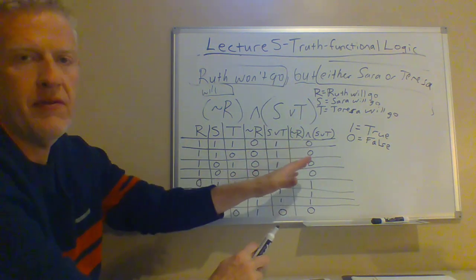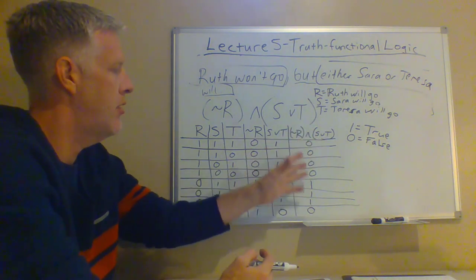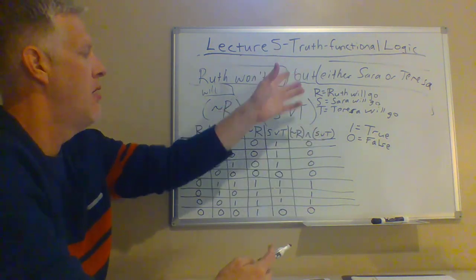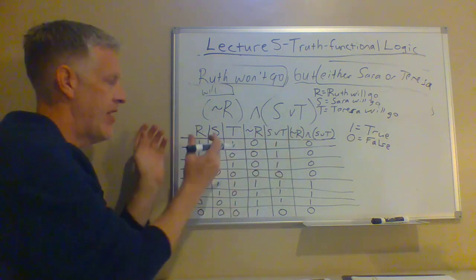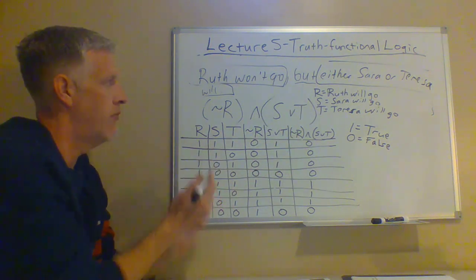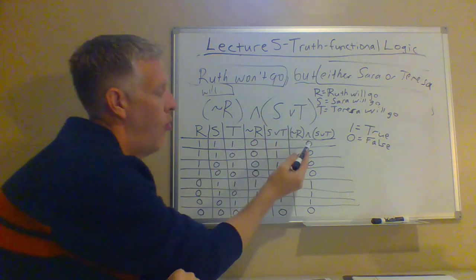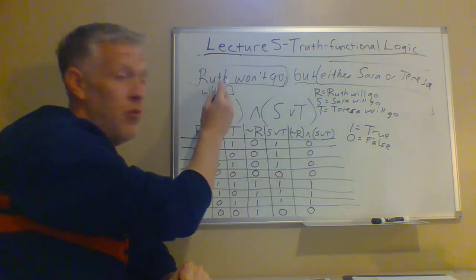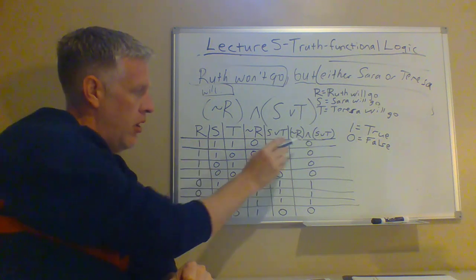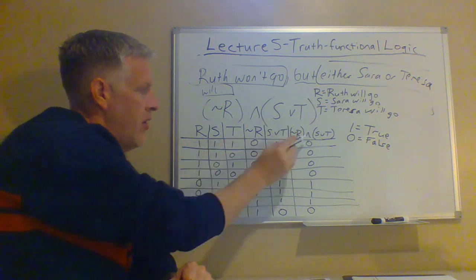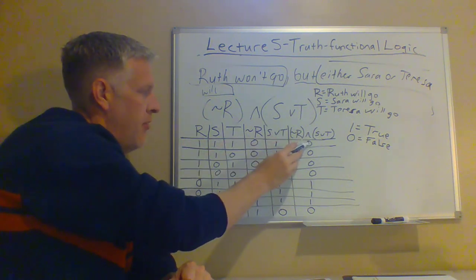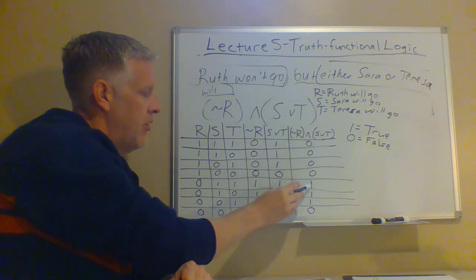So what we've done here is represented the truth value of what they're saying based on all the possible scenarios that could have played out, right? Ruth went, Sarah went, and Teresa went. Well, then what they said as a whole was false because they said Ruth wouldn't go, but Ruth did go, right? So if Ruth goes, then what they said as a whole is going to be false. When is it going to be true as a whole?